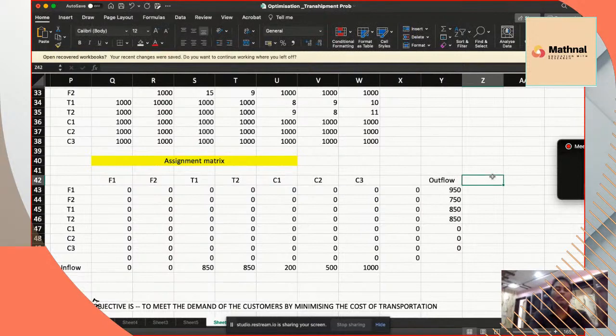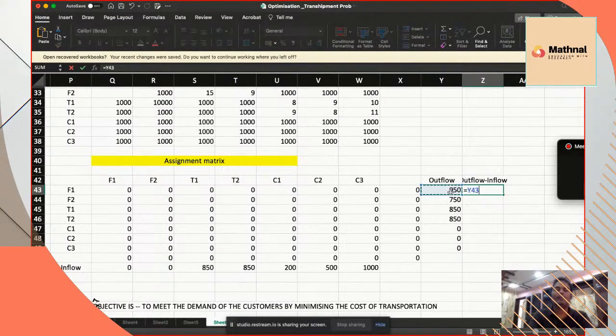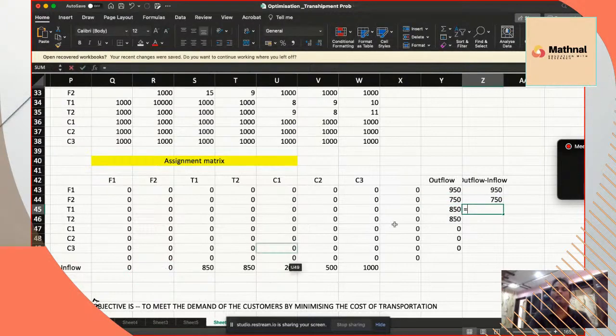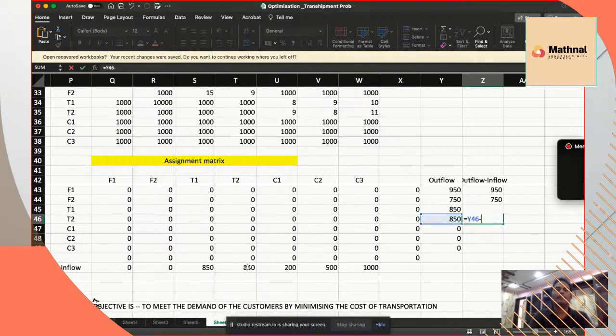For that, we cannot measure outflow separately or inflow separately. So we have to derive a formula: outflow minus inflow. This is 950 minus 0. This is 750 minus this. This is 850 minus the third one. This is 850 minus the fourth one.